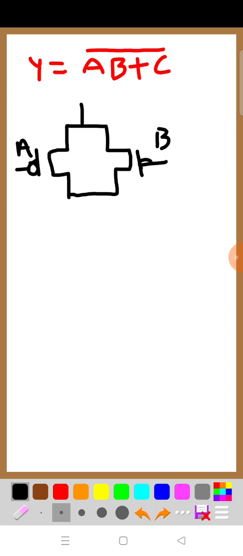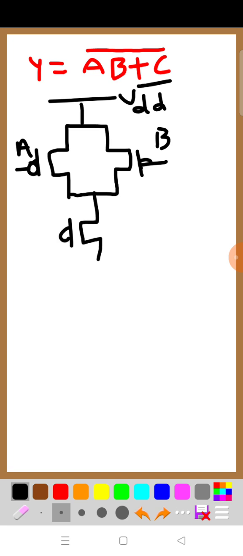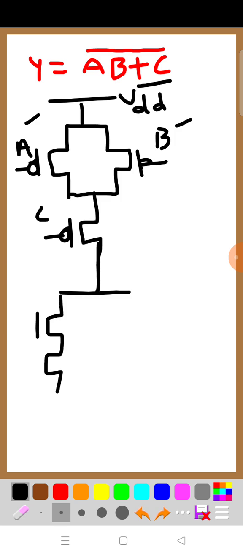This is completed and C is required. It is in OR operation, therefore it should be connected in what? Series. Absolutely, this is C. And exactly opposite here, these two are in parallel, therefore these two should be in series here. This is A, this is B, and this is in series here, therefore it should be in parallel here.